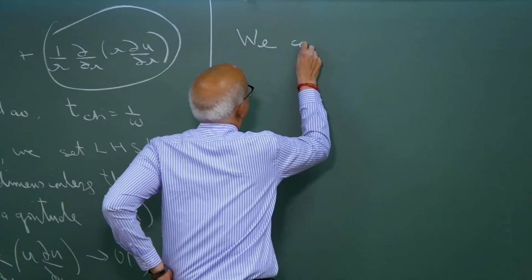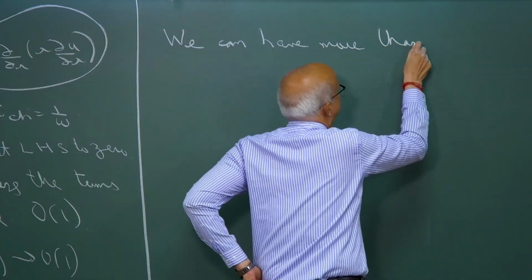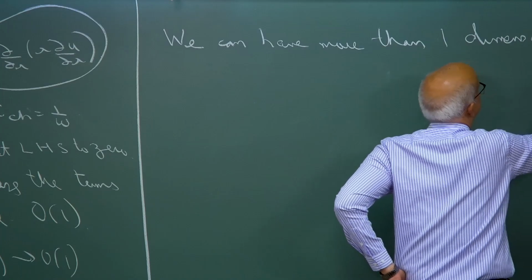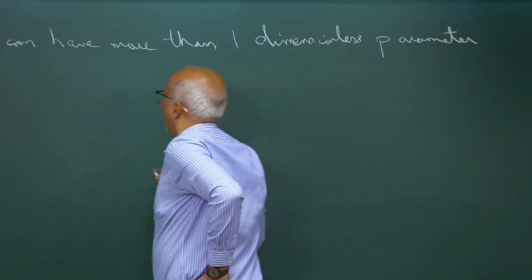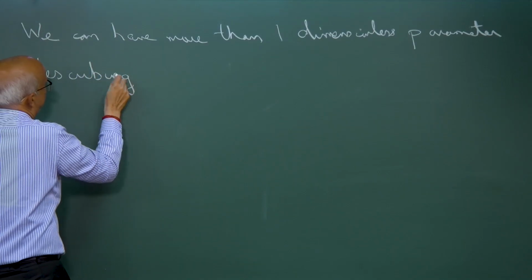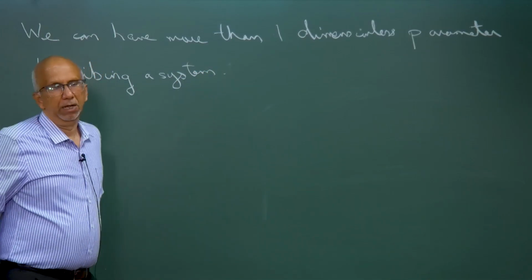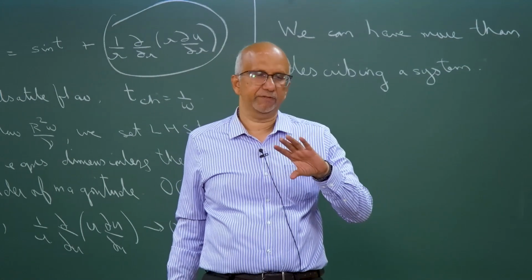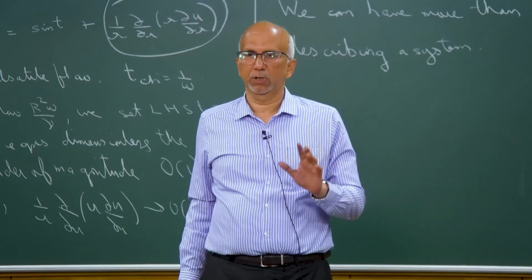We can have more than one dimensionless parameter describing a system. Then normally what we like to do is talk in terms of the effect of changing one of the dimensionless parameters, changing the Reynolds number or changing the Strouhal number.